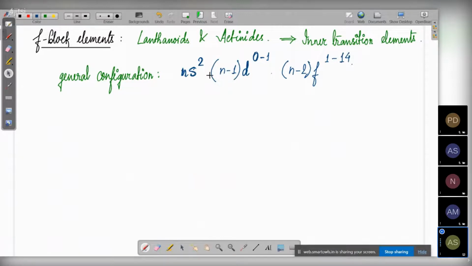So this is the general configuration of the lanthanide. That is ns2, (n-1)d 0 to 1, and (n-2)f 1 to 14, where n is the number of the period.